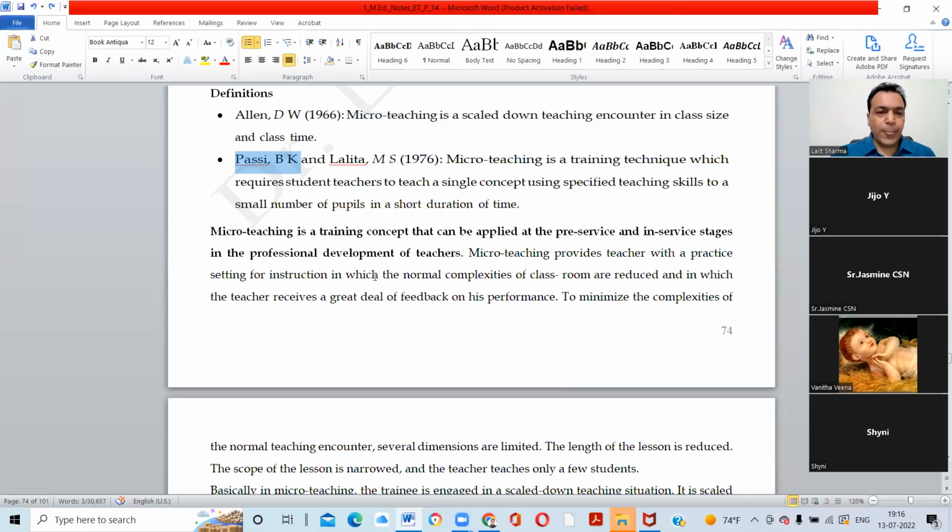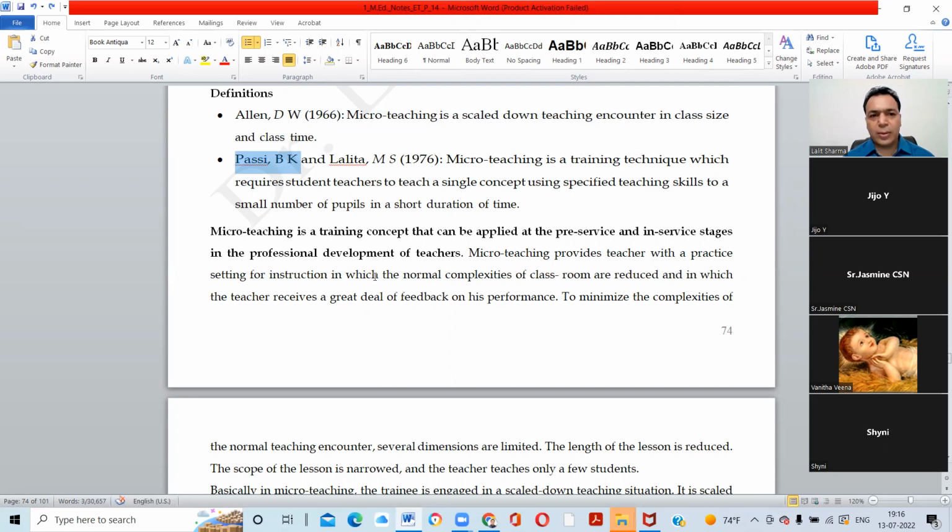Passi sir, I have met Passi sir many times, right? He is from Punjab. I have even met Passi sir in many conferences. From the last 7, 8, 10 years now, I haven't met sir.